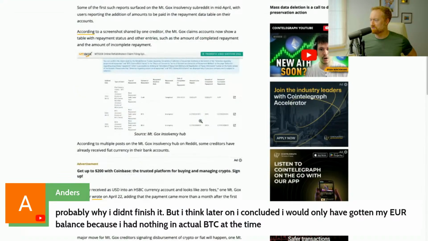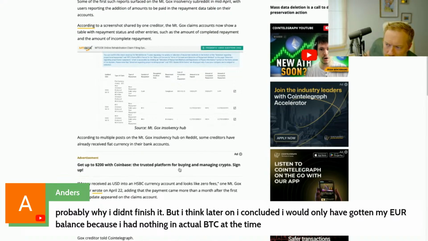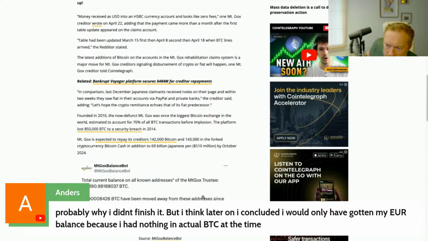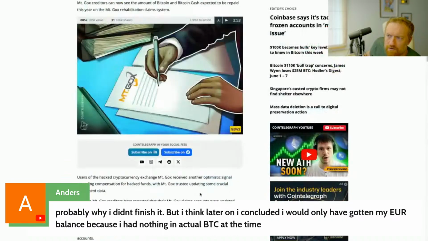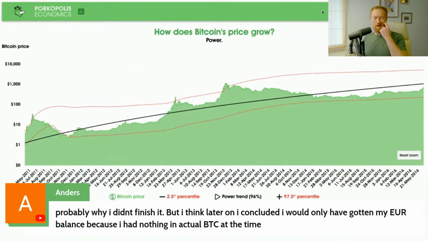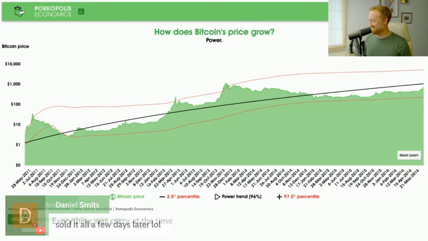We don't have to do too much research live, but someone got rich on that, and it wasn't the creditors, because they had many more bitcoins than 140,000. I know that lawyers get paid, obviously, but it's funny.